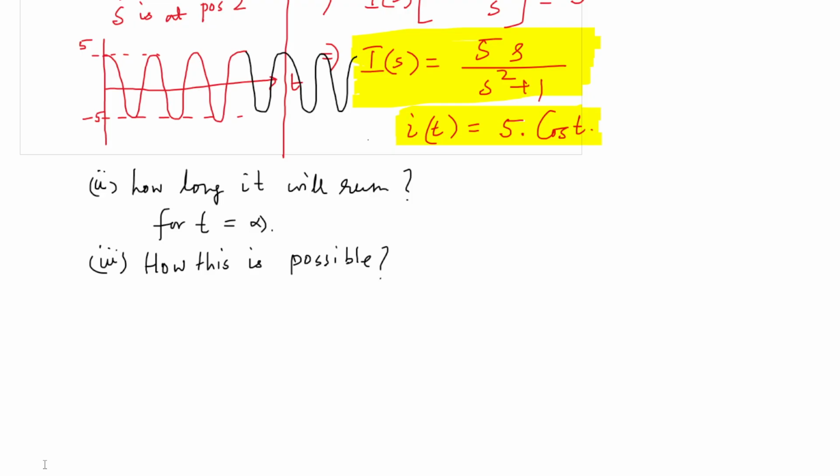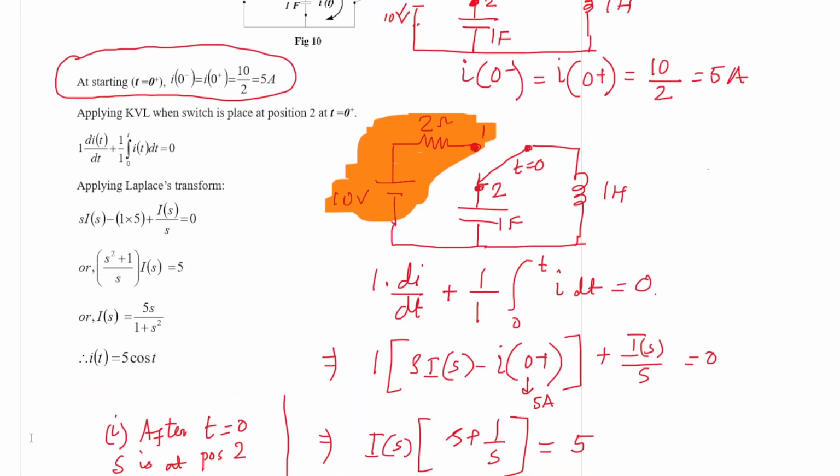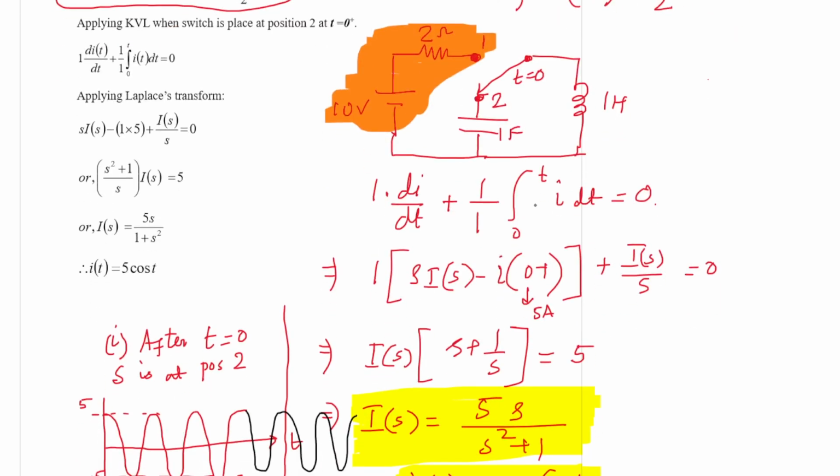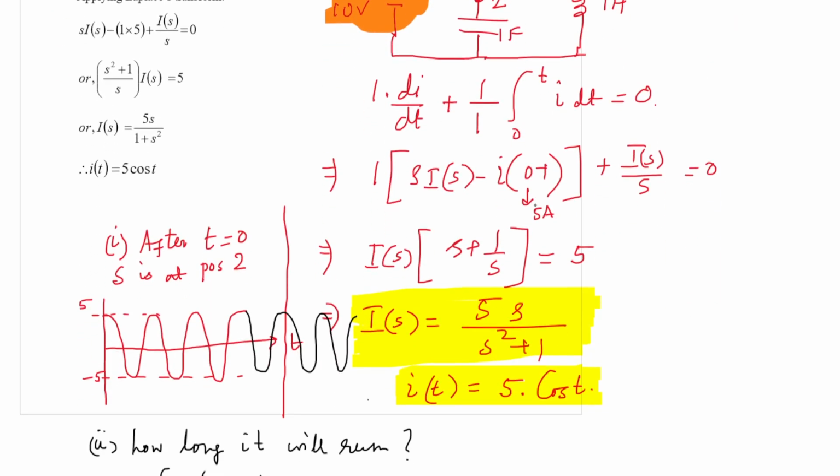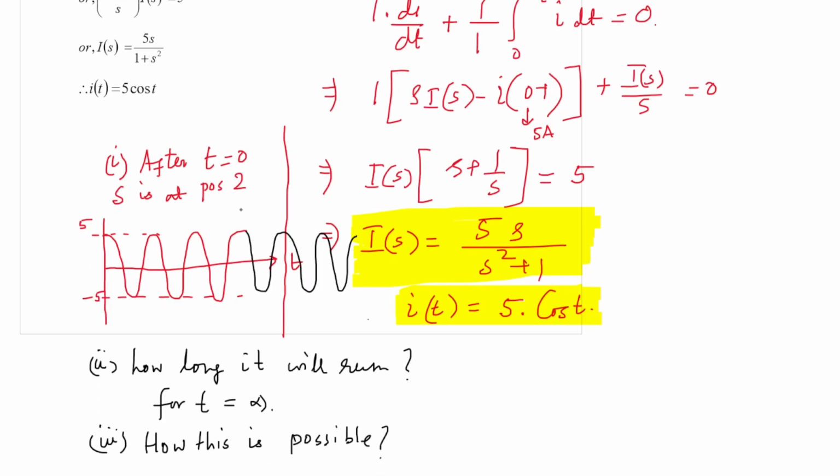Because if you look carefully at this network, you see after t is equal to 0, we have only one inductor and we have only one capacitor. So there is no energy source present. So without any energy source, without being driven by a constant supply, then how can it maintain its curve for a long time?